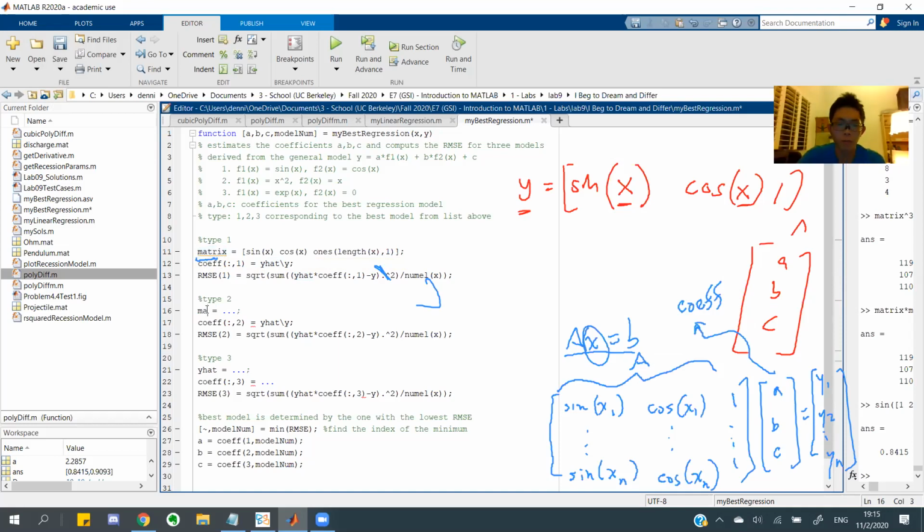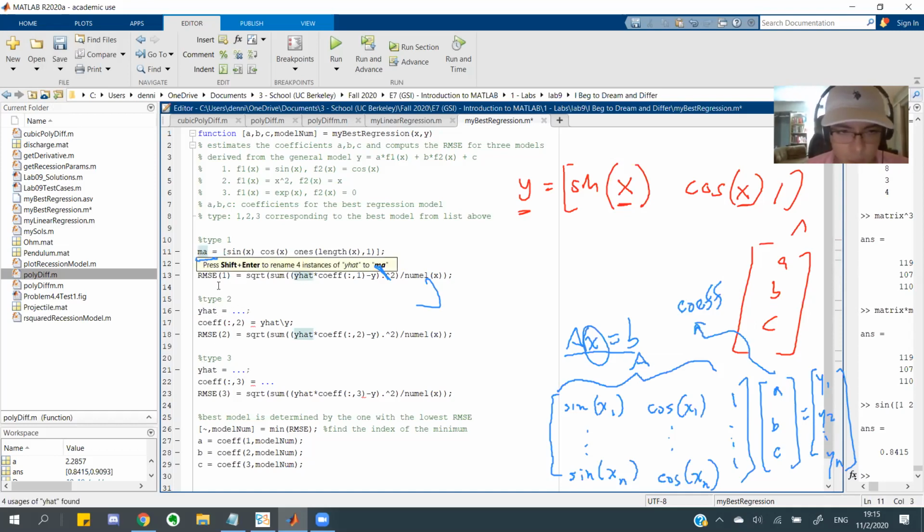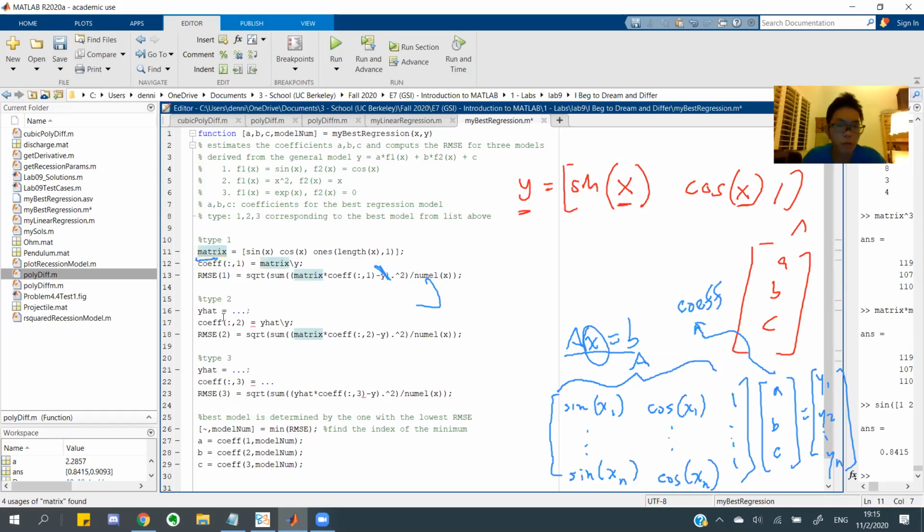Then do the backslash operator to find those coefficients. Shift enter.